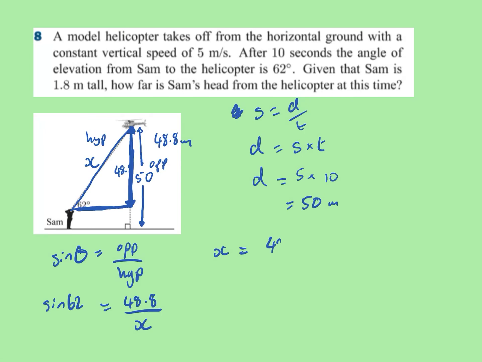So x is equal to 48.8 over sine 62. We're looking for an answer that's at least bigger than 48.8. And I'm getting 55.3 meters to 3 significant figures.